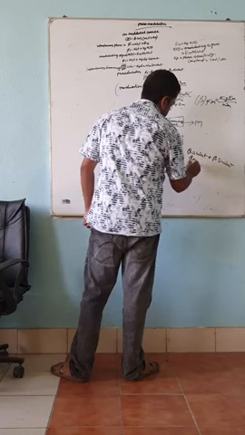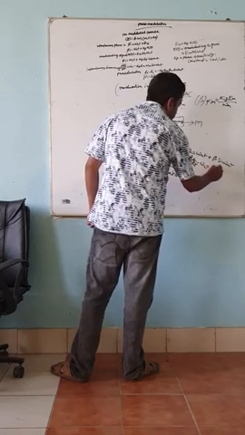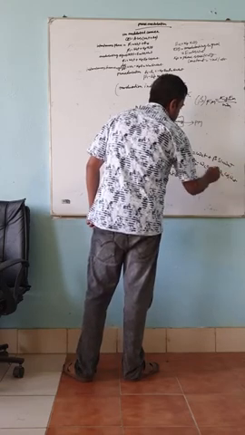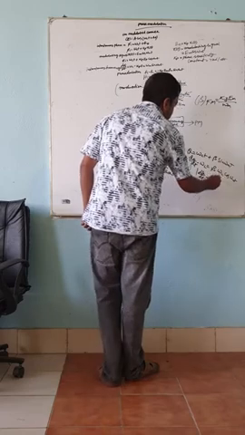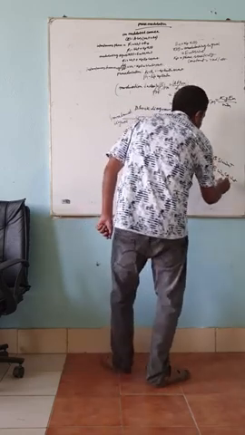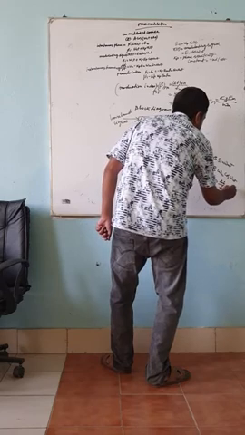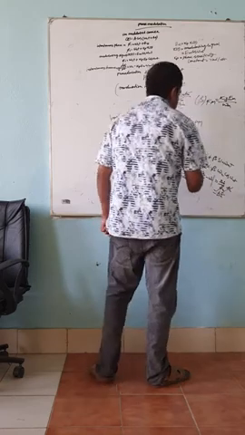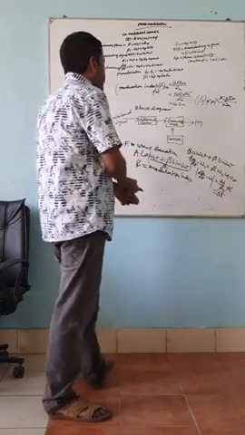Del theta by del t minus omega c equals beta into omega n cos of omega nt. So the modulus is beta into fm, which is delta f by fm into fm. So it is delta f.